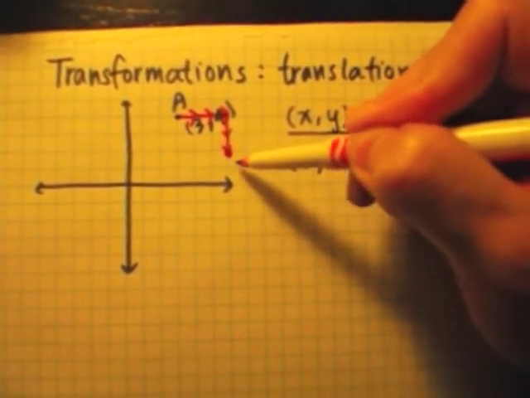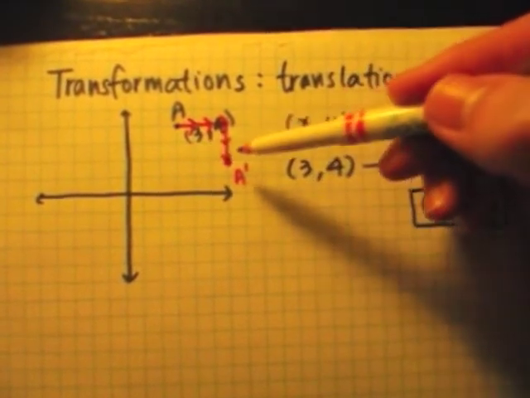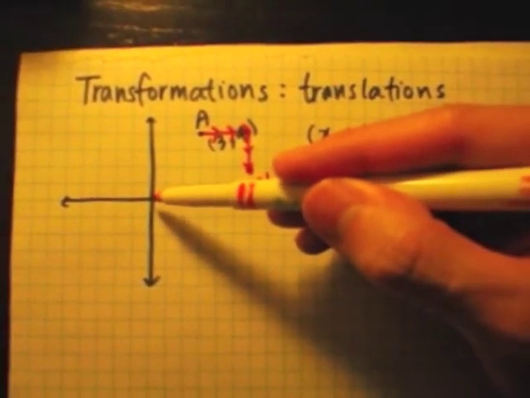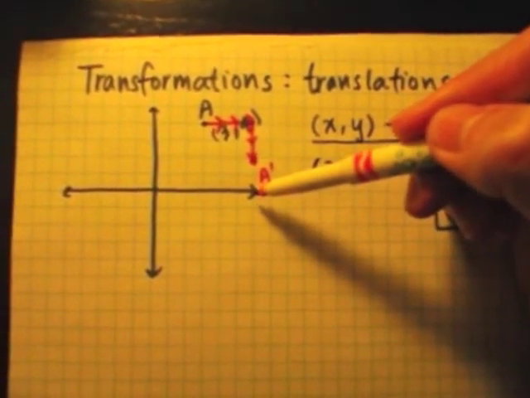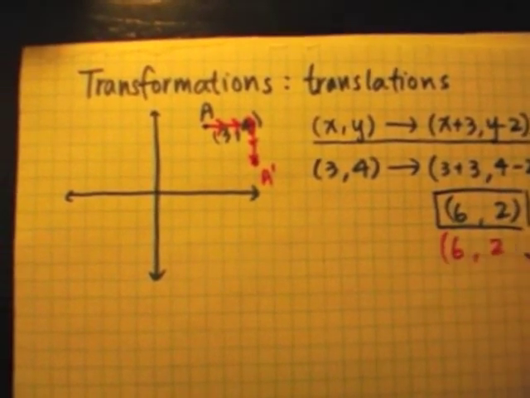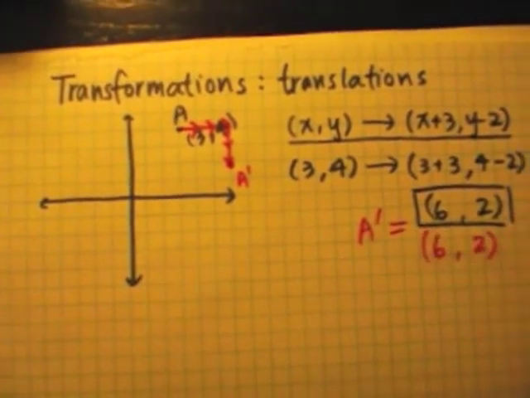So this is my new point A prime. Now all I have to do is identify where this point is on the coordinate plane. I just go from the origin, 1, 2, 3, 4, 5, 6 units to the right, and 2 units up. So either way, I will get the same answer for A prime.